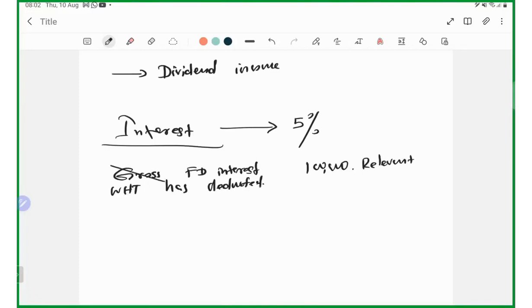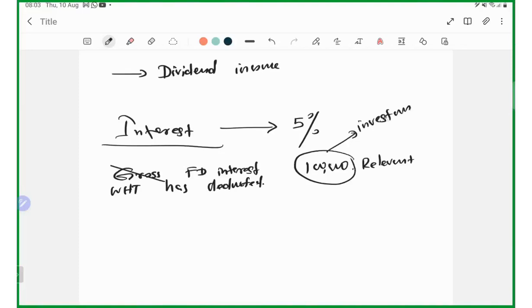Here the gross may or may not be given. Whether the gross is available or not, if it is available, you have to think of it as gross. If it is not available in the wording, at that time also you need to think of it as gross. So what you need to do is add this 100,000 under the investment income.